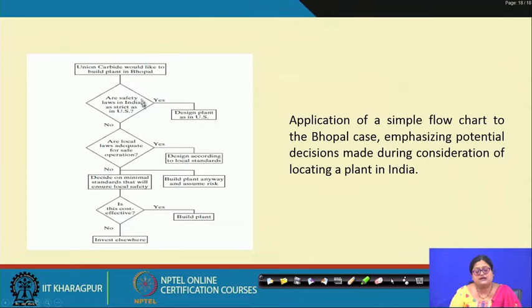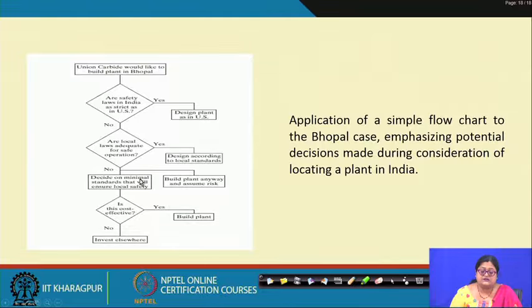And what we see is that the main concern was about the strictness of the safety rules, the local laws present over there, and what are the minimal standards for maintaining safety. So when you are making a choice of where to put your plant, what are the decisional flows that guide your action?